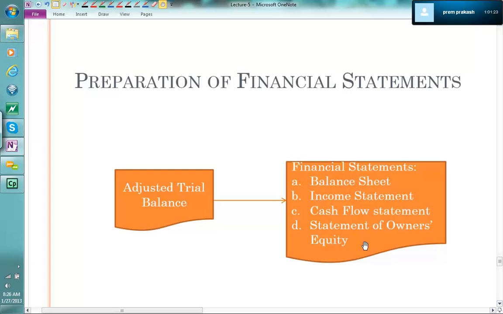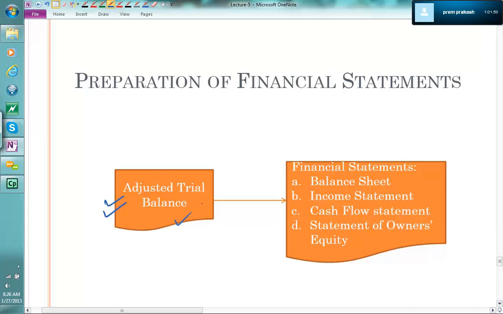Once you have closed the books, so now you are ready for generating financial statements. So you have adjusted trial balance, so you know all the things like how much amount you have in what account, and then you pick all the data like all the cash, accounts receivable, retained earning from adjusted trial balance after closing.